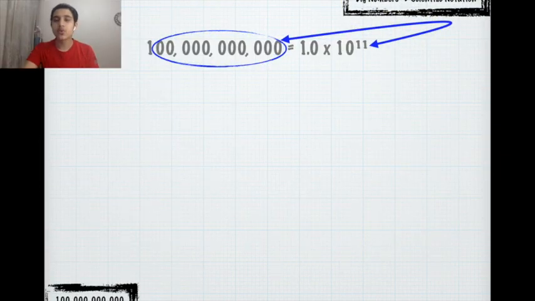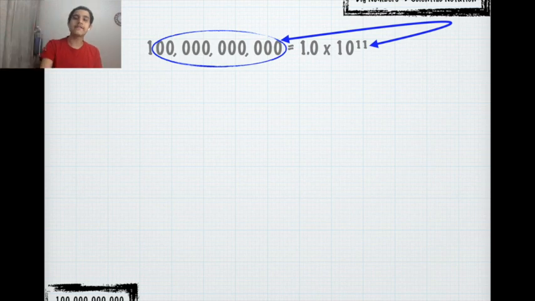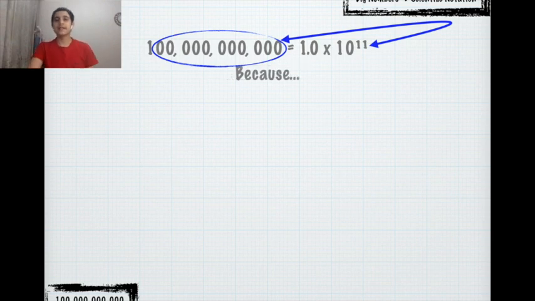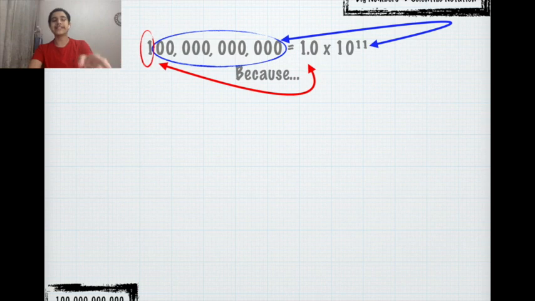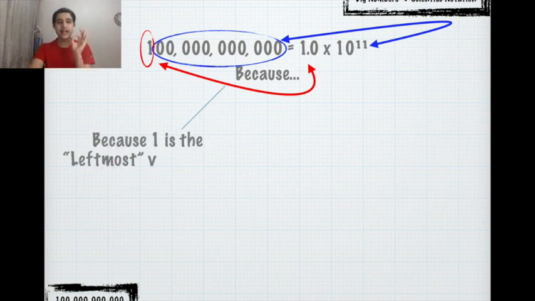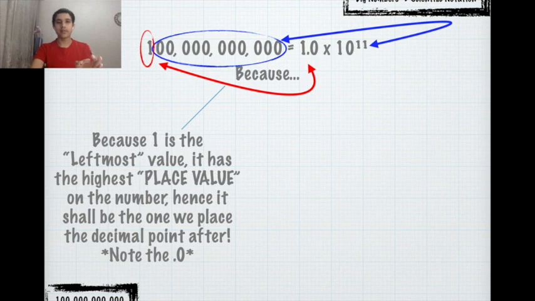So this would be the scientific notation form of 100 billion. So let's see how it came up this way. This is because the 1 is carried over, because 1 is the only number with a place value higher than zero in this particular number.